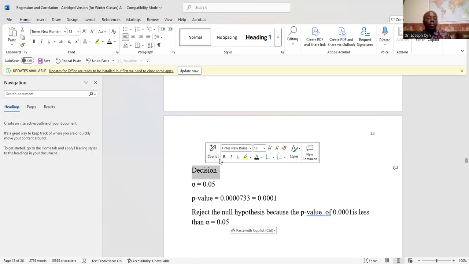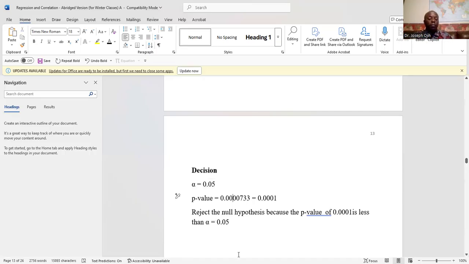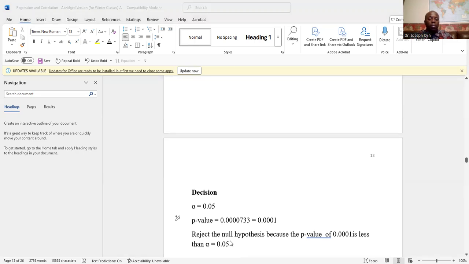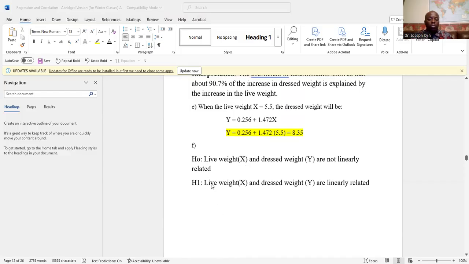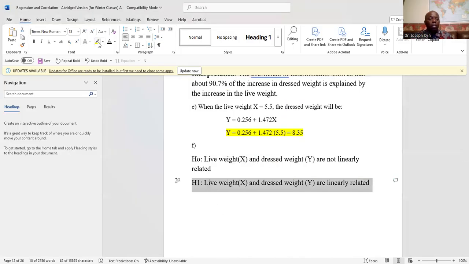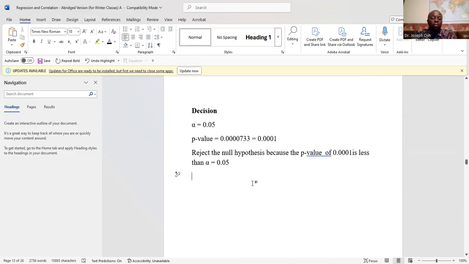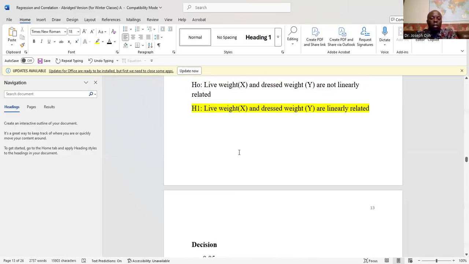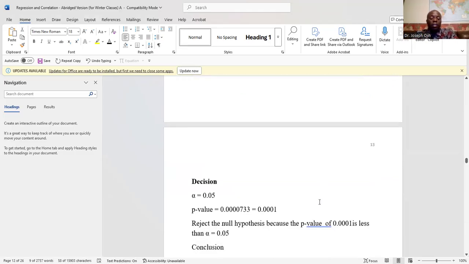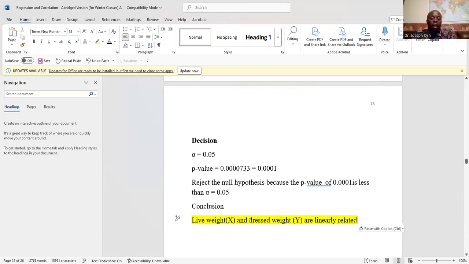So what does that mean? It means that this one is wrong and this one is the correct one: the live weight and the dressed weight are linearly related. So you can write it here. Conclusion: the live weight and the dressed weight are linearly related.